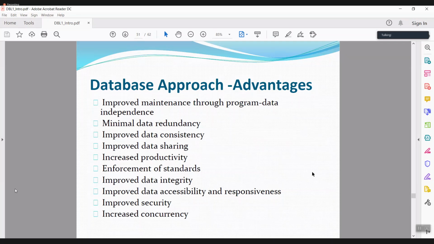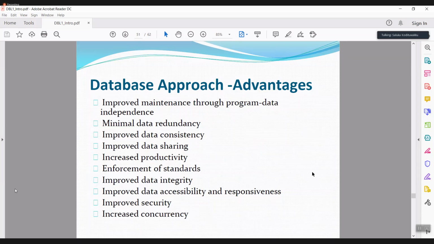Because of that, the database improves productivity. A very simple example: if we have a database to support our farmers, they can access the database through their smartphone or mobile phone. When they have issues regarding cultivation and so on, they can get the relevant information from the agricultural database and apply whatever techniques they find, and that will improve their productivity.